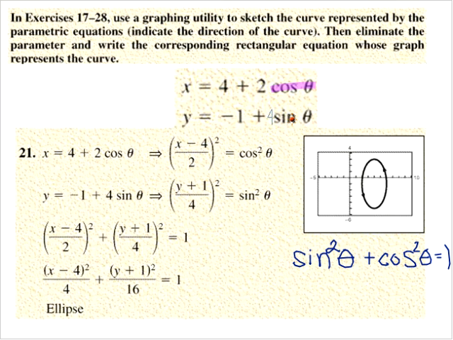But that's just cosine and sine. If I look at my equation down here, I want those to be squared. That is where the squared is coming into play. So we isolated cosine and sine, and now we're going to square those so I can create an equation. Now I'm simply using substitution. So y plus 1 over 4 squared plus x minus 4 over 2 squared equals 1.